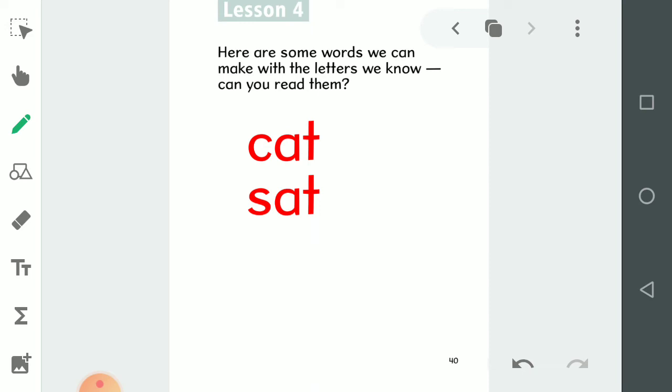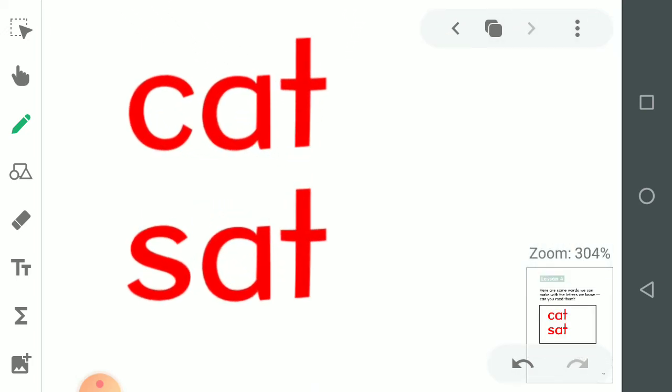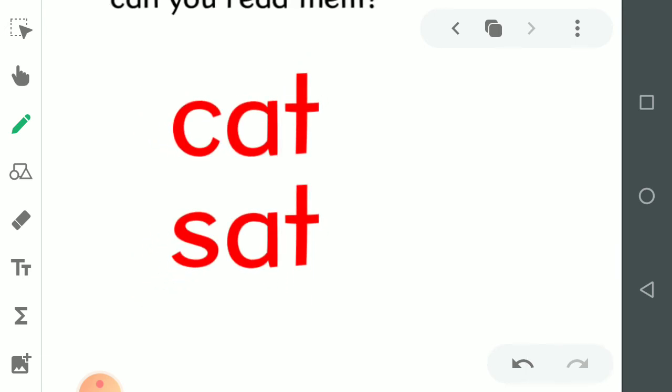Here are some words we can make with the letters we know. Can you read them? Everybody try to read these letters and make the word. Cat. So it is cat.